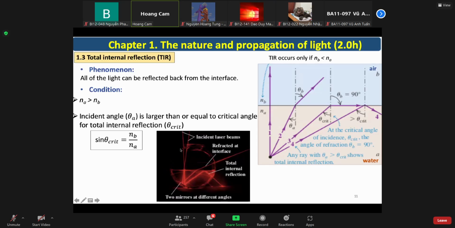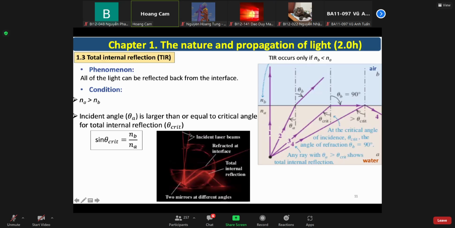You can use a red laser light beam and inject it into the vessel, in which here is air and here is water. Below the water you put two different mirrors at two different angles. We can change the two mirrors to different angles here, and then we inject different incident laser beams.